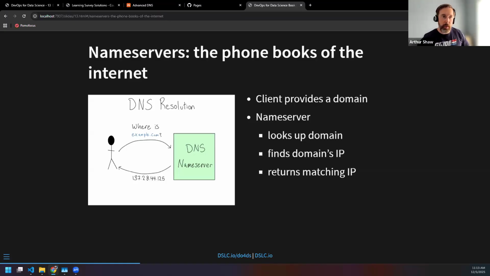If it doesn't, then it'll contact another name server and continue down the line until eventually there'll be a resolution, and you'll get an IP address that comes back to you. So the name server receives your URL, looks up the domain name, finds the IP address for the domain name, and feeds you back the IP address so that your client, whether that's a browser or something else, can make its merry way to the IP address of the thing that you're looking for.